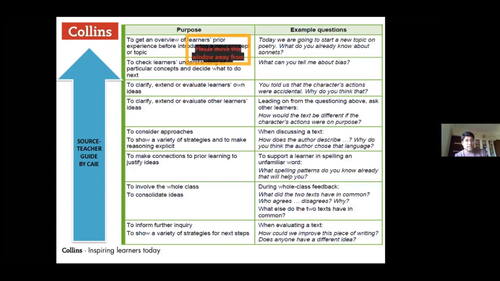And when you're evaluating a text, something again very important, how could we improve this piece of writing? Any piece of writing can always be improved, right? Some of the learners have a penchant, a flair for good writing. So ask, how would you make an alternate or different ending to this particular text? Do you want to add something else?